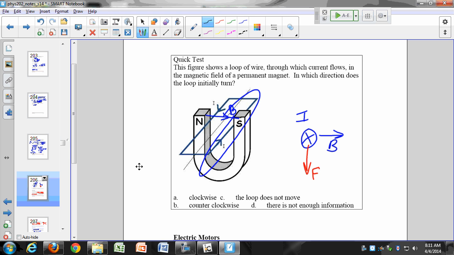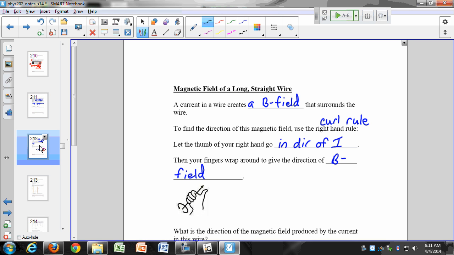But you can use the curl rule to find the magnetic field generated by a coil of wire. We'll see that with solenoids in just a second. In fact, y'all should have done that in your lab when you did the tangent galvanometer, because you had to know the direction of the magnetic field generated by the tangent galvanometer so that you would know how to align it with the Earth's magnetic field. Y'all do that? So remember?